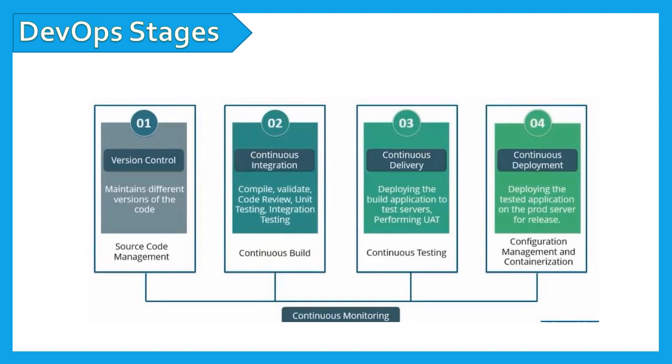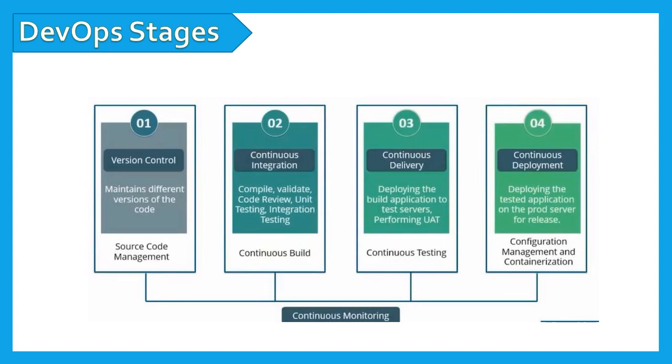Now, when I say build, people have this misconception of only compiling the source code. It's not true. It includes everything starting from compiling your source code, validating your source code, code review, unit testing, integration testing, etc. And even packaging your application as well.